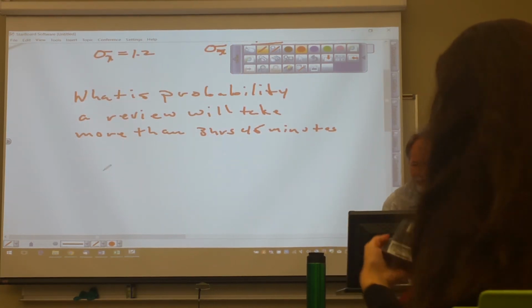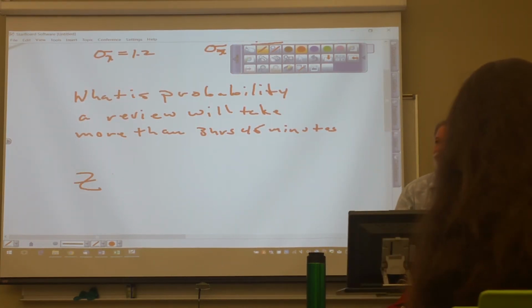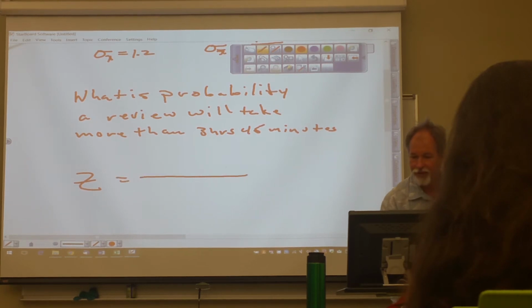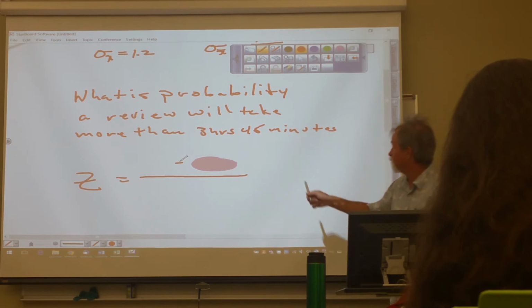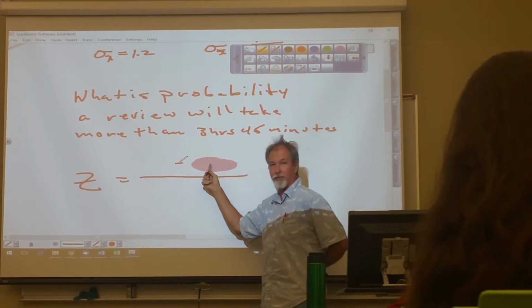So in this particular case, we still have our z we need. What number goes here? Okay, the x is the 3.45, right? What number goes here?